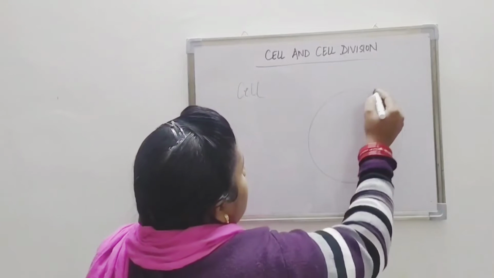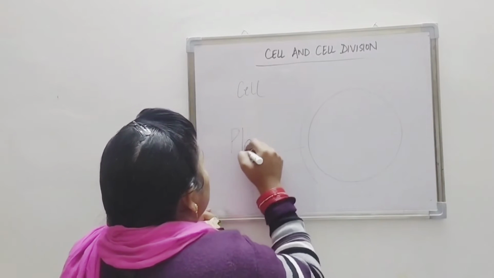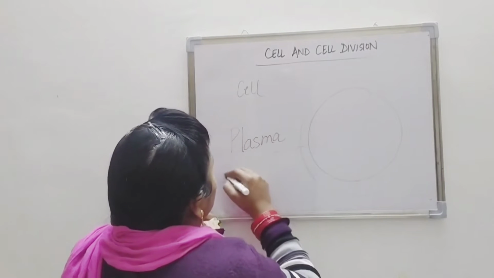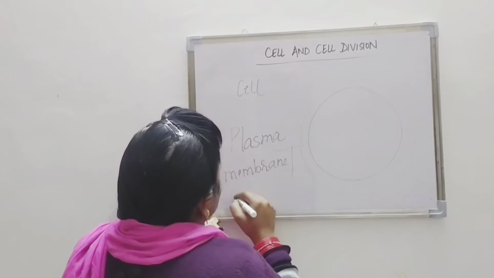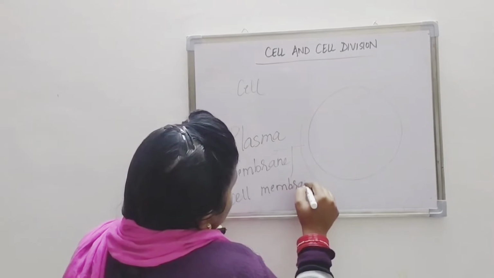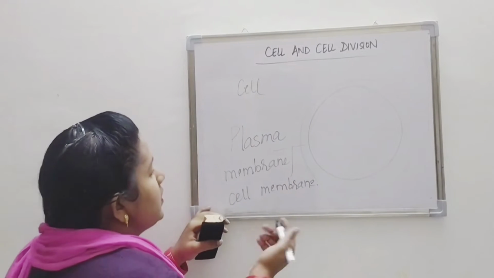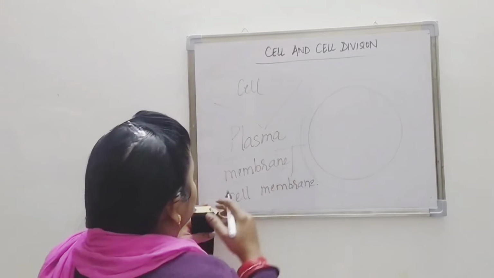There is a covering of the cell which is called the plasma membrane, or we can say cell membrane also. The plasma membrane is made up of two things.